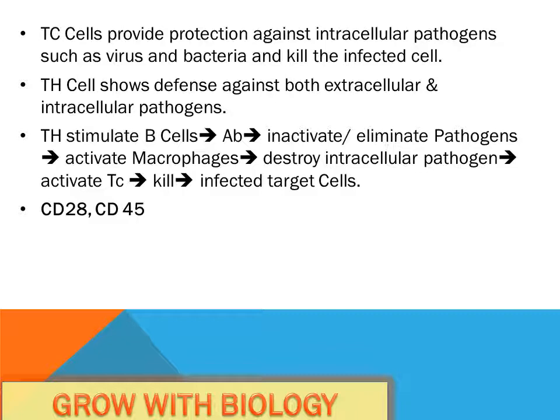So this is the entire mechanism of what T cells do. It starts with Th cells activating B cells, then macrophages are activated to in turn activate Tc cells, and ultimately the target cell is destroyed. The markers present are CD28 and CD45.